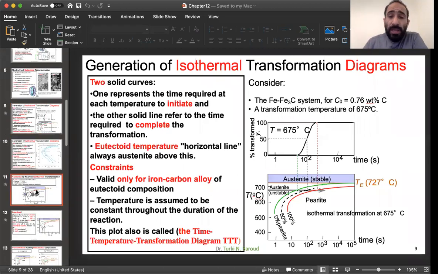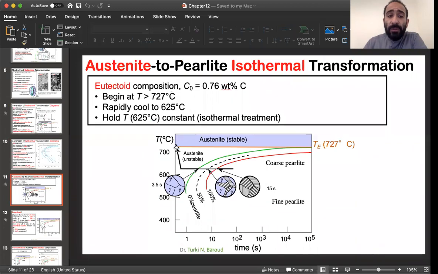Okay, wonderful. If we take an example here, if you cool down from above the eutectoid temperature to, let's say, 625, then if you wait here, actually nothing is happening until you hit the green curve. Once you hit the green curve, the transformation of the gamma austenite starts, because the nucleation takes time.